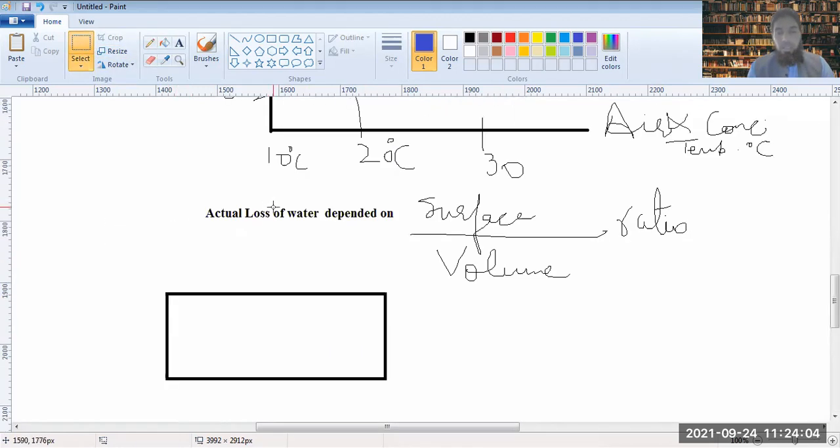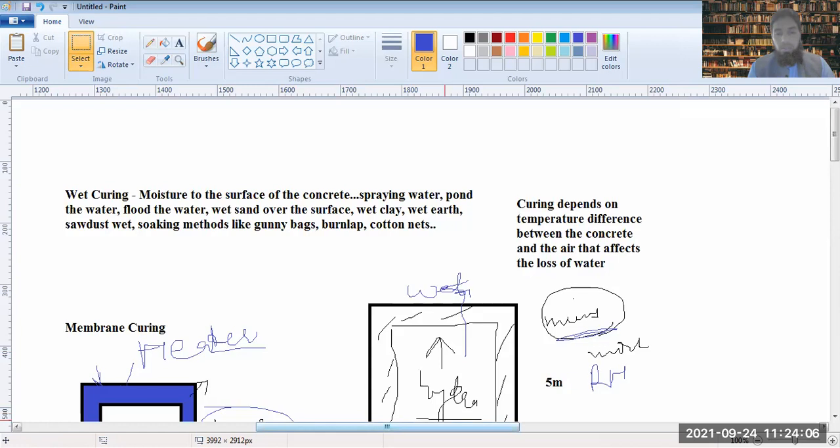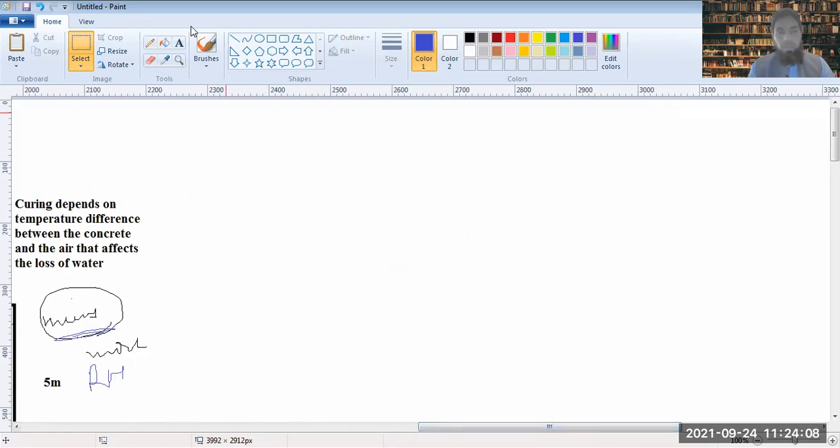Now, to those whom I showed the curing tank once we were visiting the lab, there were two curing tanks we are developing in the new lab, and one of the curing tanks would have temperature control.